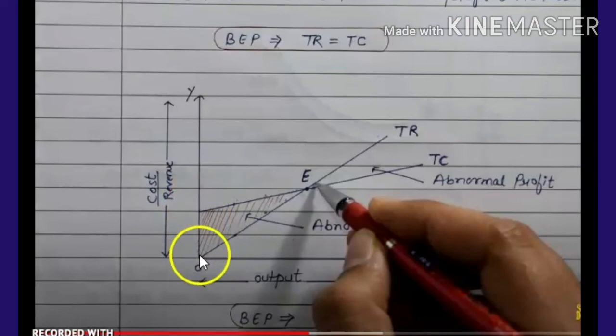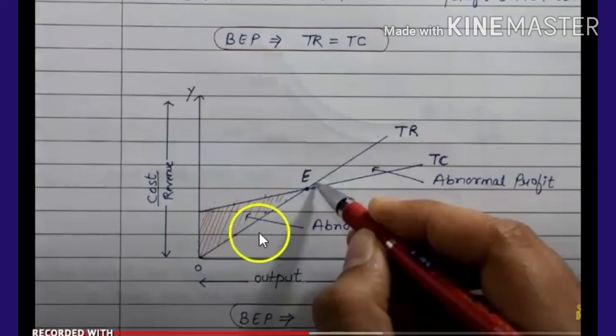Here you can see that TR starts from 0 and goes upward, and these two lines intersect at point E. This is the equilibrium point, and you can see that this TC is above this TR. So here the total cost we have spent is higher than the total revenue we are getting.